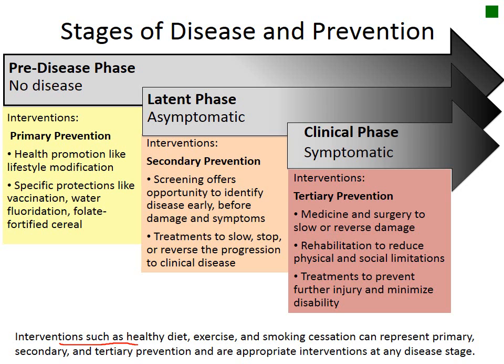I know you're all familiar with some of these interventions, especially at the primary level, where a healthy diet, exercise, and smoking cessation can be represented in all the stages.